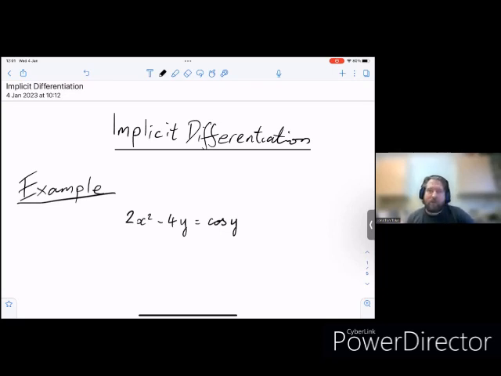So the main thing I want to try to get you out of the habit of is, it's quite easy when you differentiate a function to begin by writing dy by dx equals, and that's just because it makes sense, doesn't it?